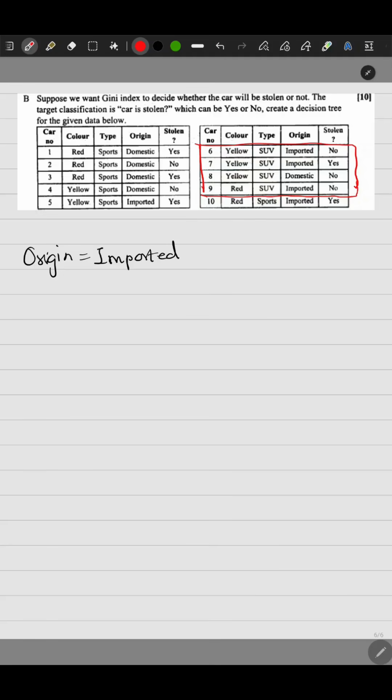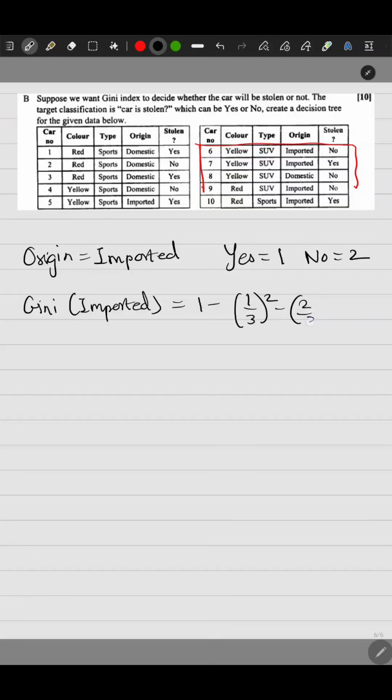So origin equal to imported amongst these. Yes, so amongst imported, yes is present for only 1 and no is present for 2. Okay, so again this is a familiar thing. So Gini of imported will be 1 minus 1 by 3 square minus 2 by 3 square. We have seen it before, it is 0.44.